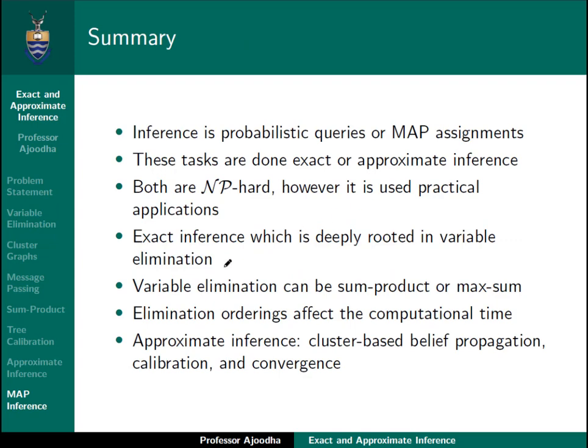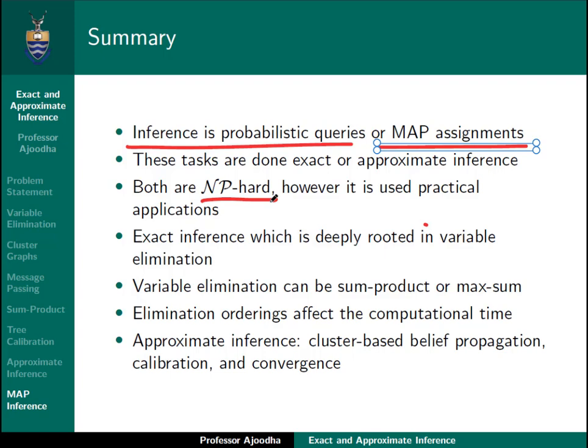So in summary, you must be very tired, and so am I, but in summary, we have inference in graphical models. We can do them, and we can also do MAP assignments. The crazy thing about these algorithms is they are all NP hard. However, we still use them because this is a worst case scenario, and these worst cases often never occur.